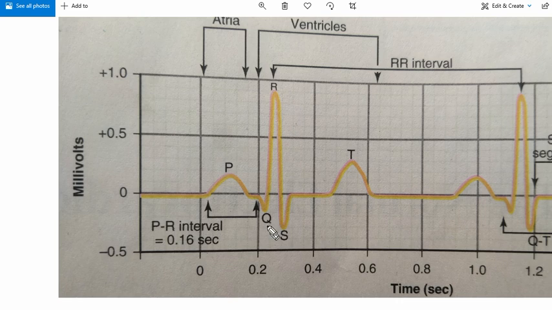I have explained in the first lecture that the normal value for QRS is 0.06 to 0.08, and one small box in the horizontal direction is equal to 0.04. So the QRS should be completed within approximately two small boxes, and the maximum limit is 0.10. So in normal conditions, QRS should be completed within 2.5 boxes.